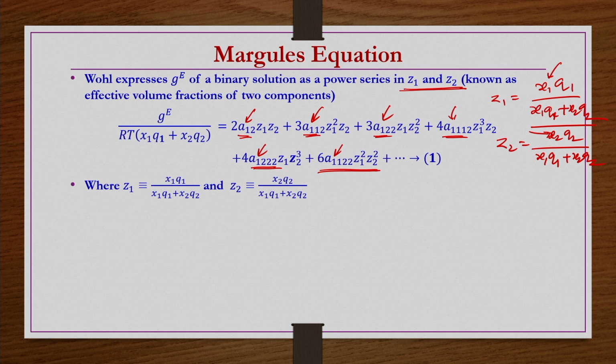Similarly, A112 indicates the interaction between two molecules of component 1 and one molecule of component 2. Like that, all these A parameters indicate interactions. So, primarily it has two types of constants, A and q. These also have some significance from the interactions point of view.